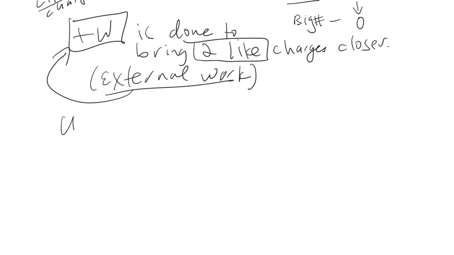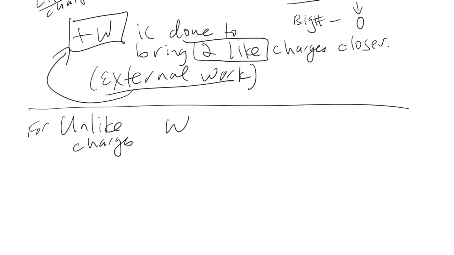Now for unlike charges, work is equal to the change in U, electrical potential energy, but it's still U final minus U initial. That's conservation of energy. It still applies as it did for like charges.